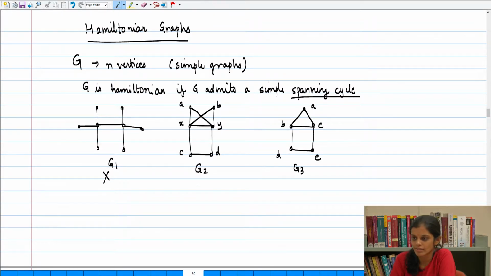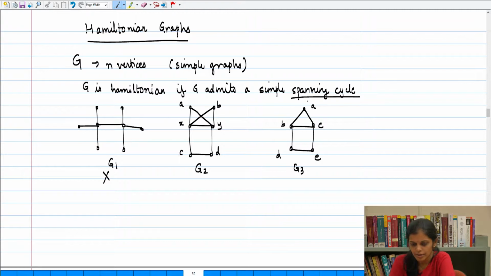What about this graph, the graph G3? That is very simple. So A, C, E, D, B, A is a Hamiltonian cycle. Good. So now we see that there are graphs which do not admit a Hamiltonian cycle, but we do not know an easy way to convince ourselves, right?